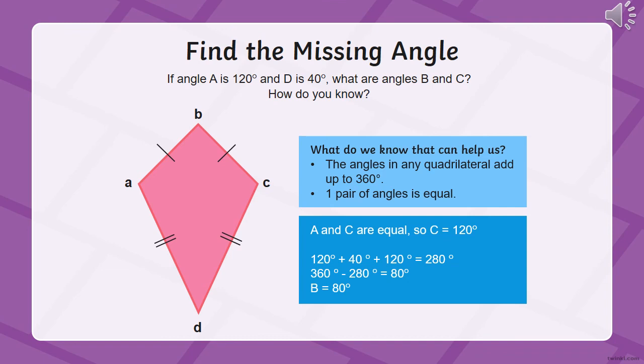We also know that the interior angles of a quadrilateral must equal 360. So we can find out the difference between 360 and 280. That gives us 80. So B must be 80. So as you can see, by using the facts that we already have, we can identify the value of missing angles.